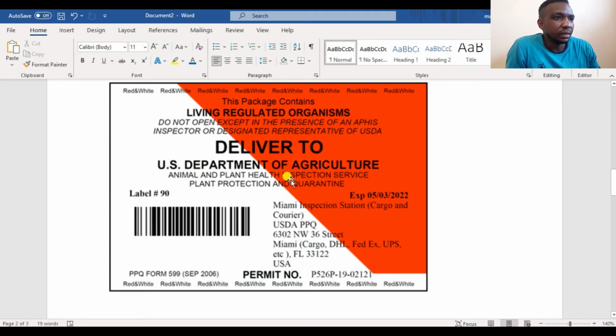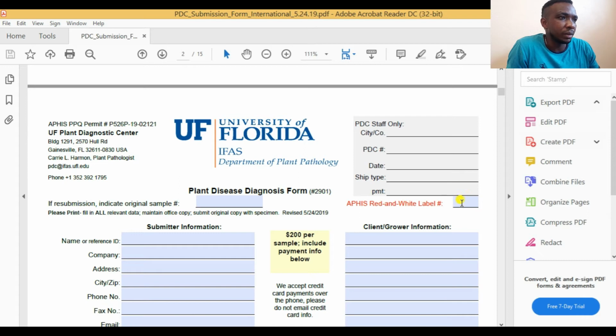This is the red and white label that they are talking about, and this is the label number that you'll put right here, the red and white label number.